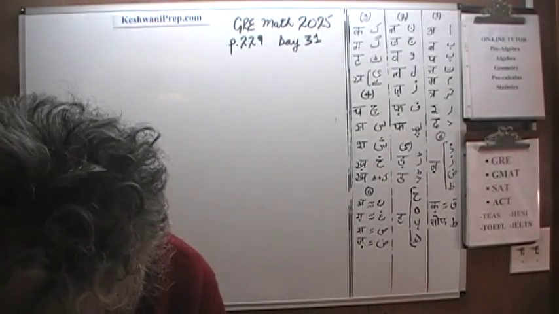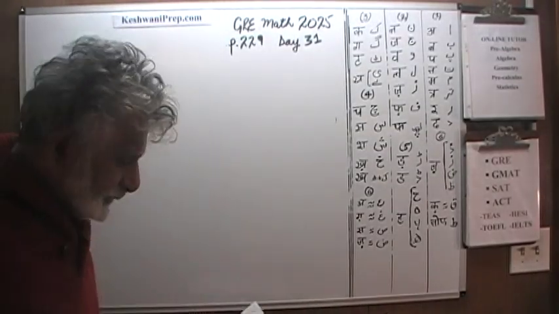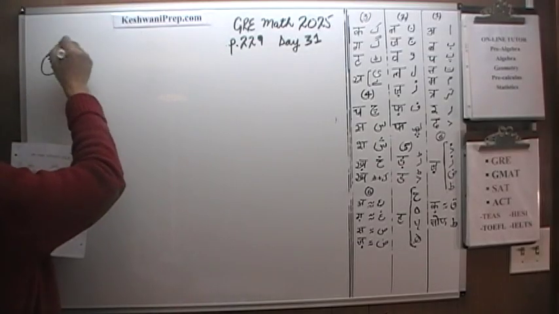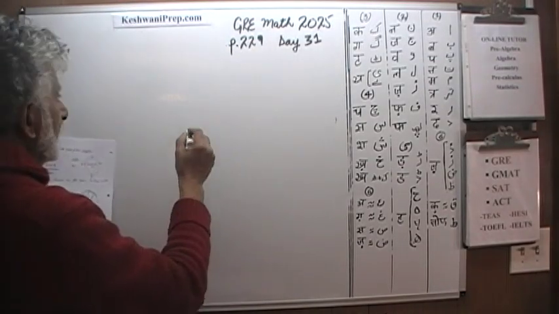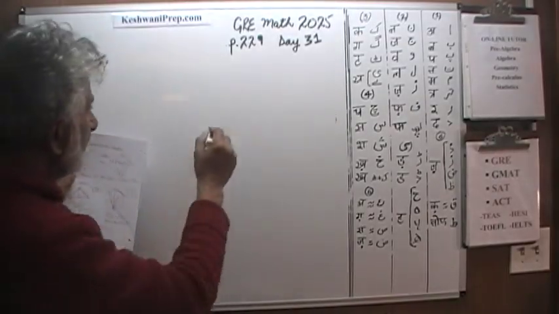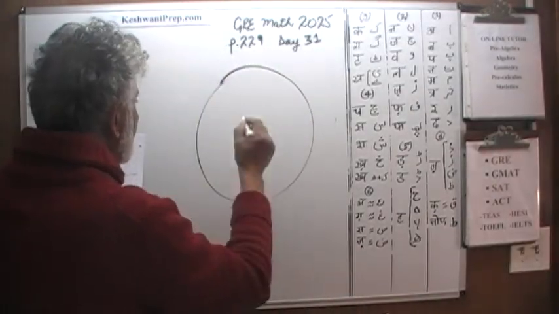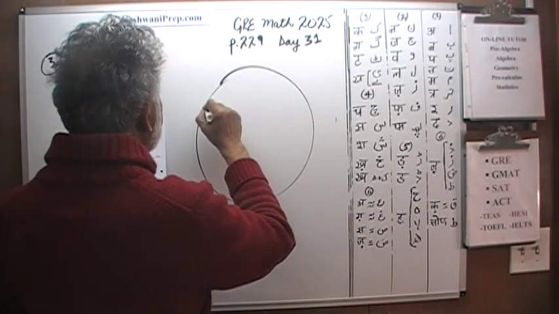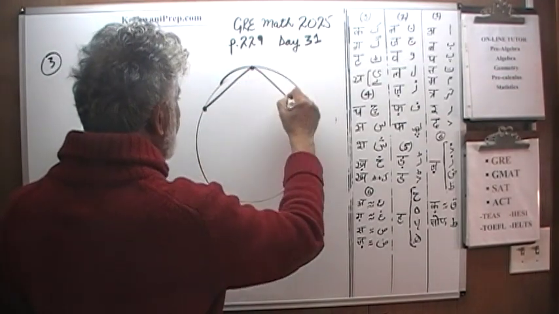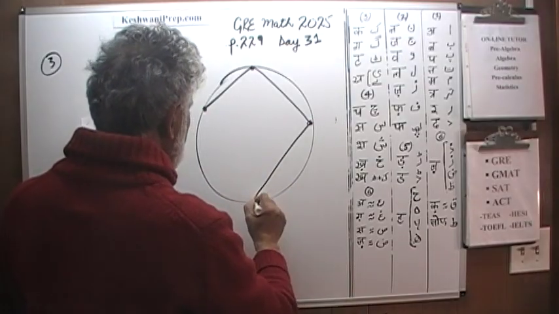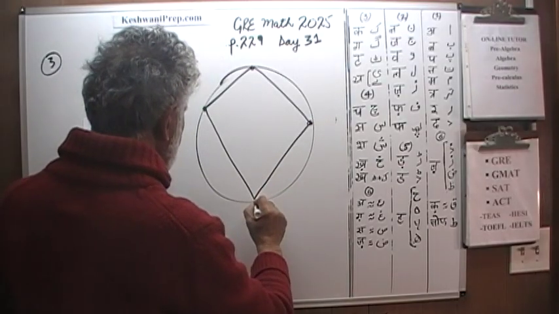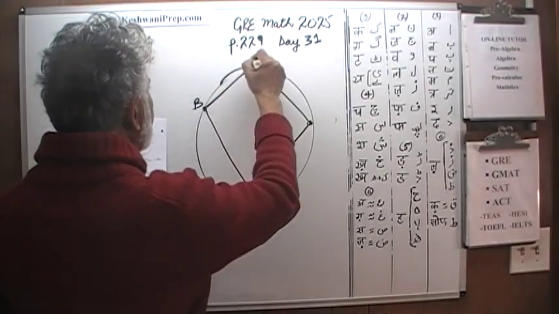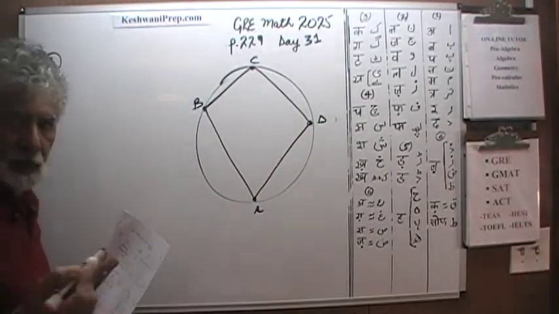We are given a quadrilateral that looks something like this. This is problem number 3, the very first problem on page 229, and we are given a circle, and inside the circle we have a quadrilateral that looks something like this: A, B, C and D. Here's the question.